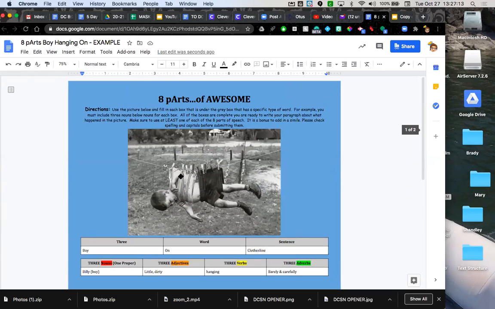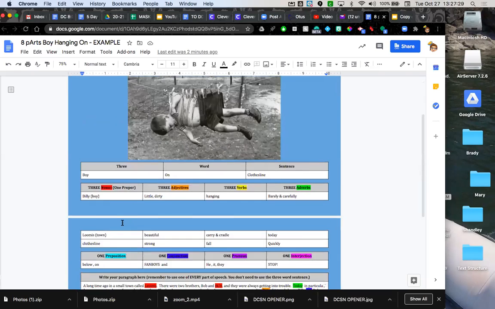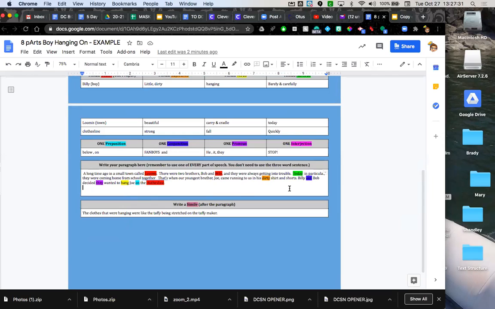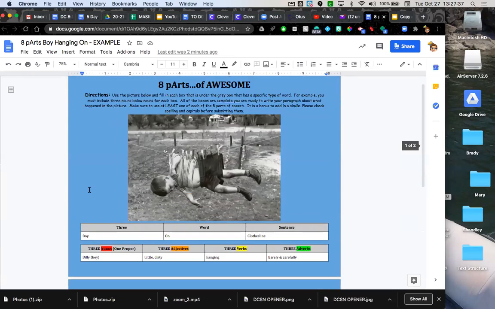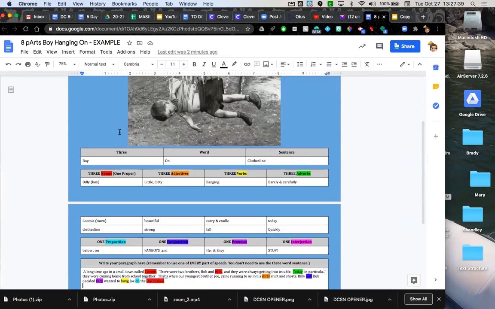So your guys' job, I did share this with you as an example in Otis, but you also have the exact same picture, but with blank boxes. And your job is going to be to create your own paragraph, making sure you are using all 8 parts of speech and that you're highlighting those parts when you're using them. Okay? You do not need to use your 3-word sentence. That does not need to be in your paragraph.